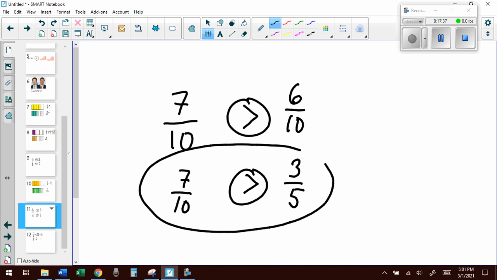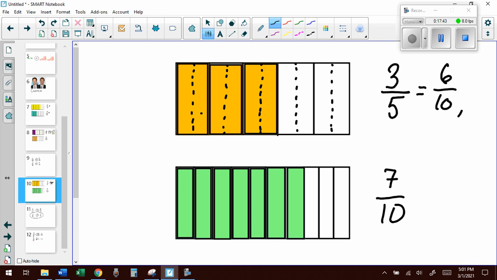This is how you must write your final answer, using the original fractions that you were dealt with at the beginning. In the middle, you can use whatever method you want to find out which is greater, which is less than. Now, we could have used that 35 and 30. That's fine, but partitioning it into tenths was a heck of a lot more appealing to me.